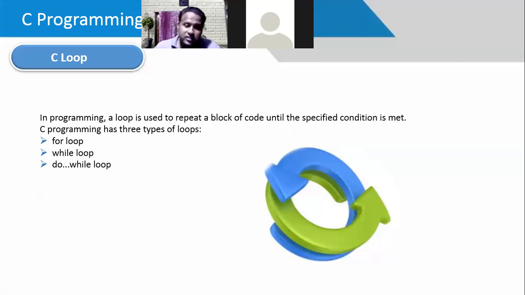In that case, it is called a variable loop. So a variable loop means the number of repetitions is not known in advance. Clear? Yes, clear.